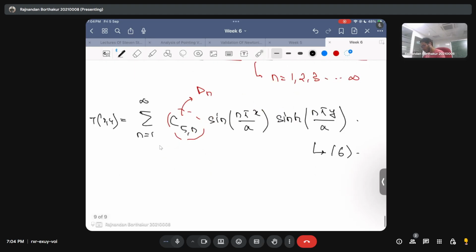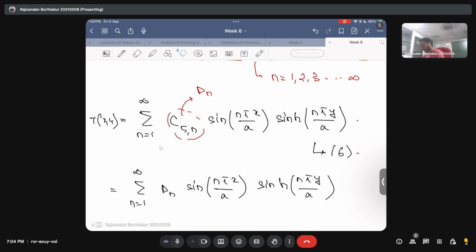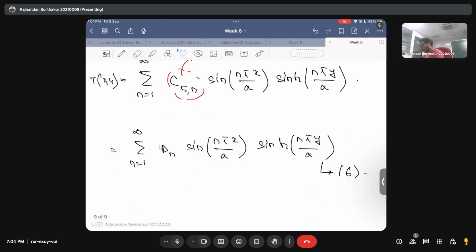So this will be the summation from n equal to 1 to infinity of dn times sine n pi x by a times sine hyperbolic n pi y by a. Let me name this equation 6. So we are just left with evaluating the constants dn.